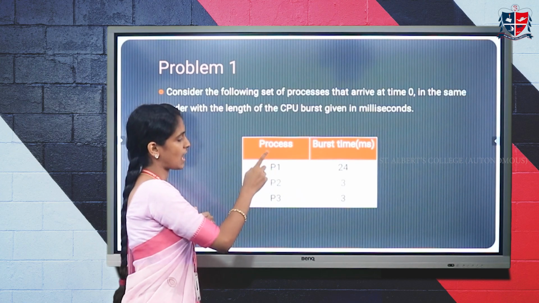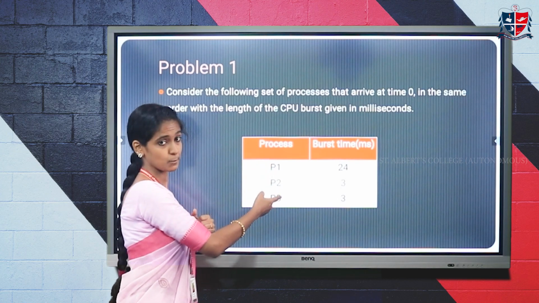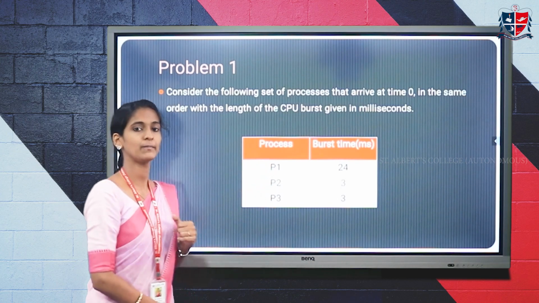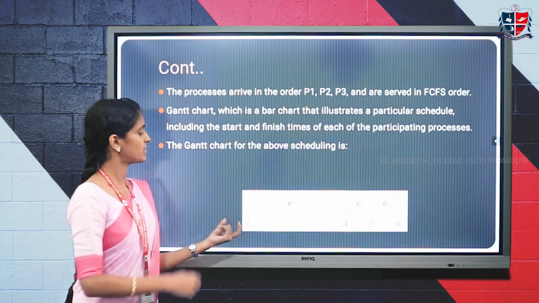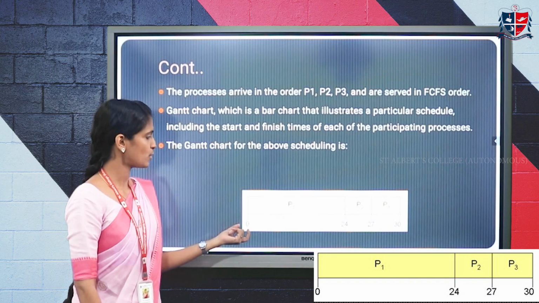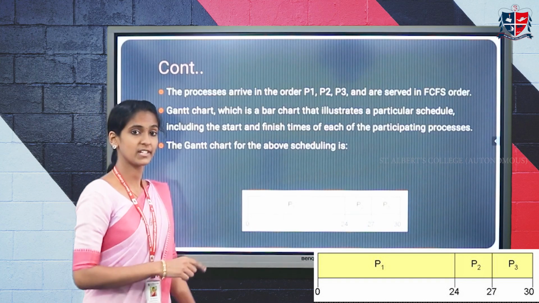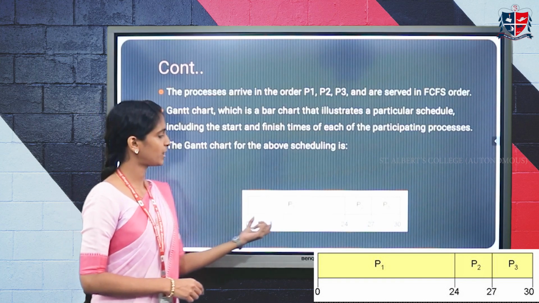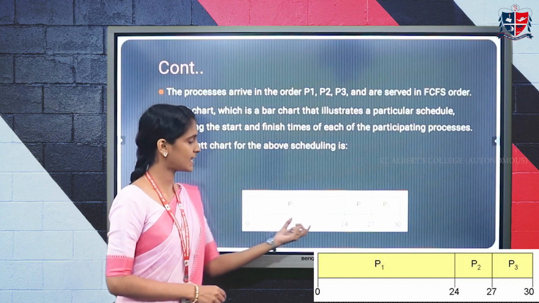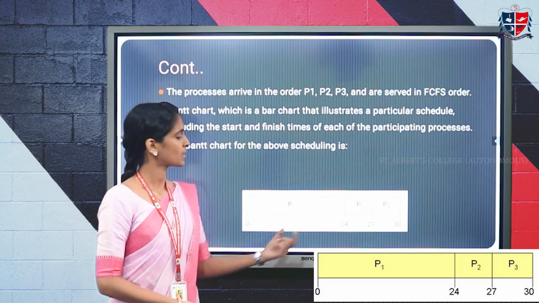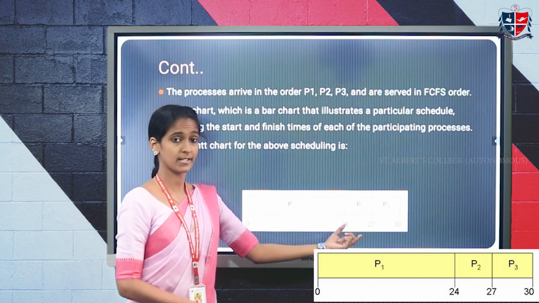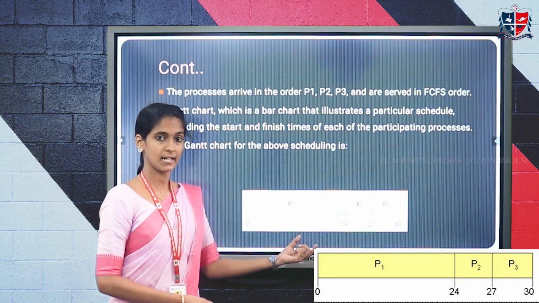After the execution of P1 it goes to P2, and after P2 it turns to P3. P1 came at arrival time 0 and its burst time is 24 milliseconds, so only after 24 milliseconds will it leave the CPU to P2, which has an execution time of 3 milliseconds.